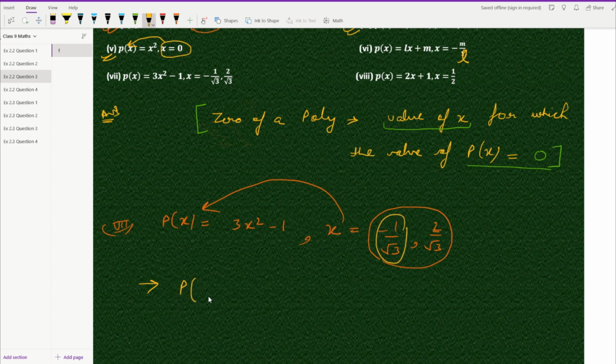So p(−1/√3) = 3 × (−1/√3)² − 1. The square of −1/√3 will be (−1)² upon (√3)².